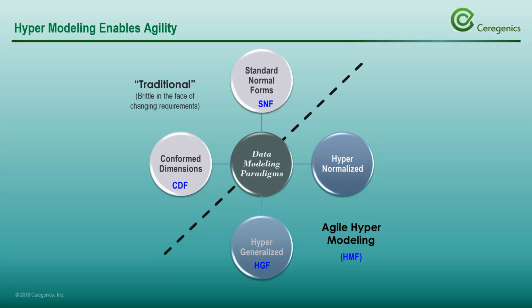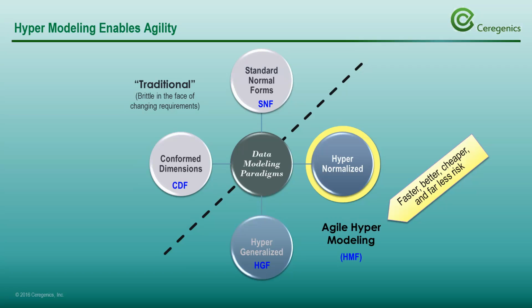Compared to the standard normal or the conformed dimensional forms, the two hyper-modeling paradigms enable data warehousing teams to deliver BI applications faster, better, and cheaper. In this screencast, we will focus upon the hyper-normalization technique, which will make the hyper-generalized approach easier to understand when we cover it in a future video.